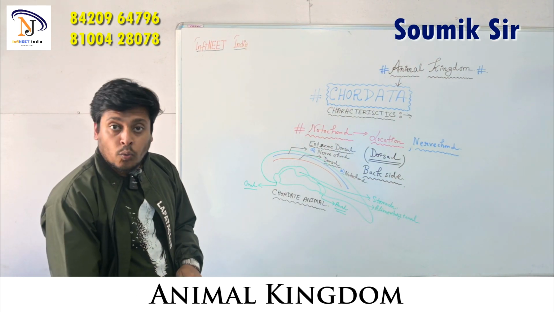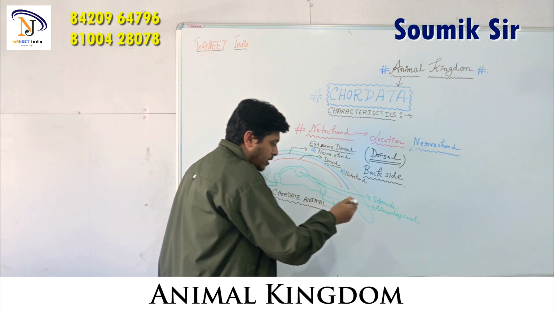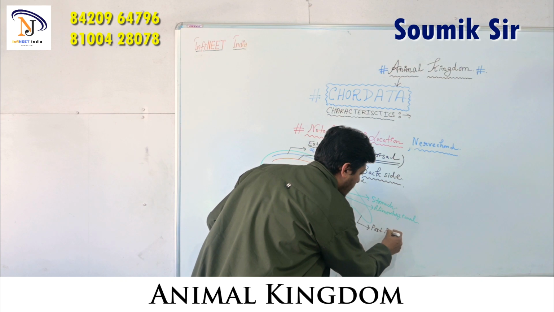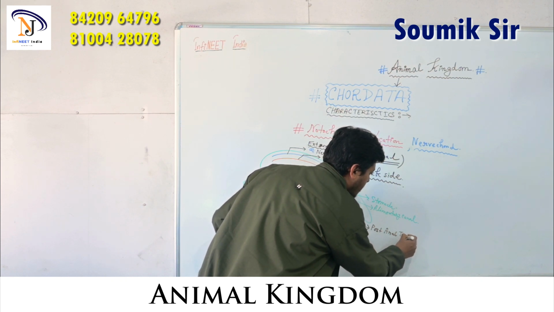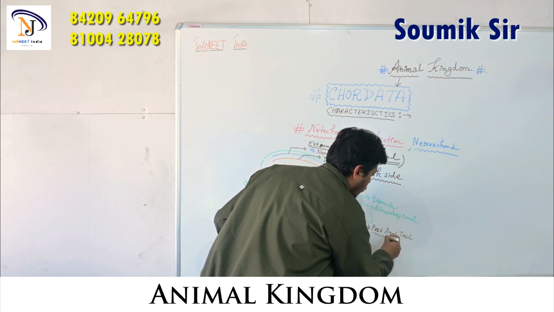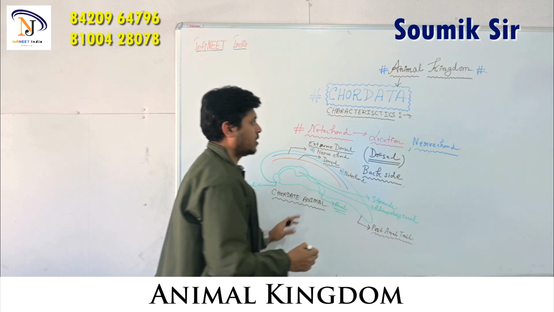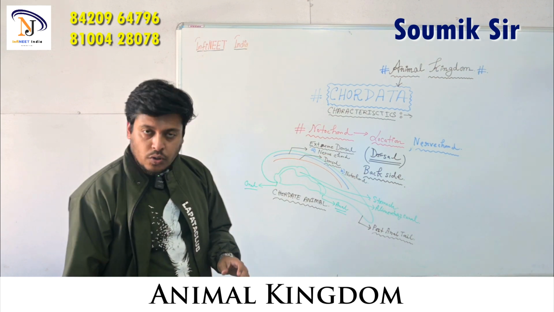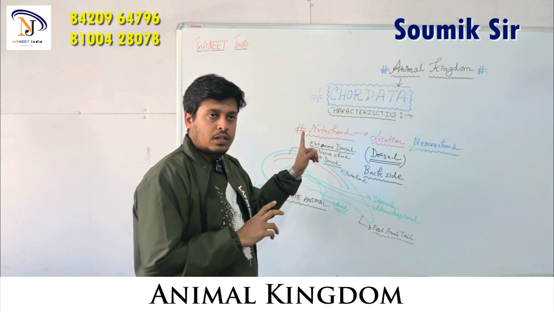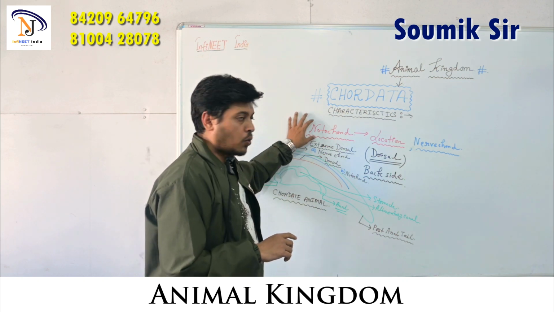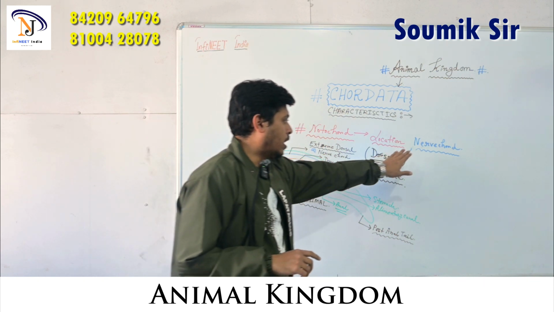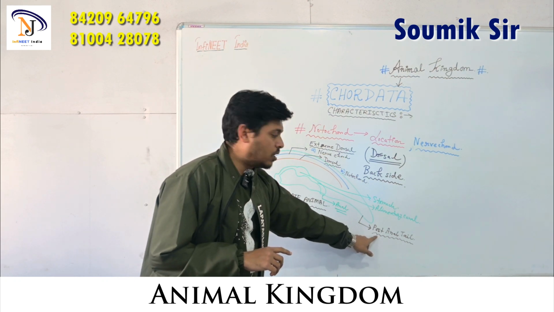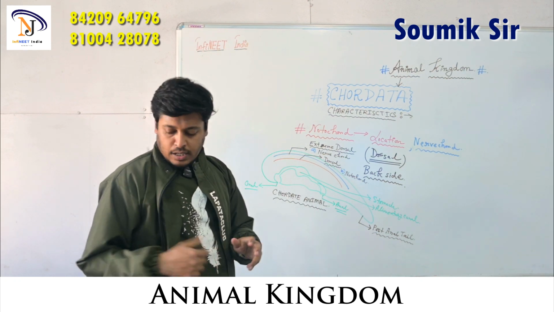Next, one of the most important characteristic features is the post-anal tail. So, to sum up: first character notochord, second character nerve cord, and third, one of the most important characters, post-anal tail.